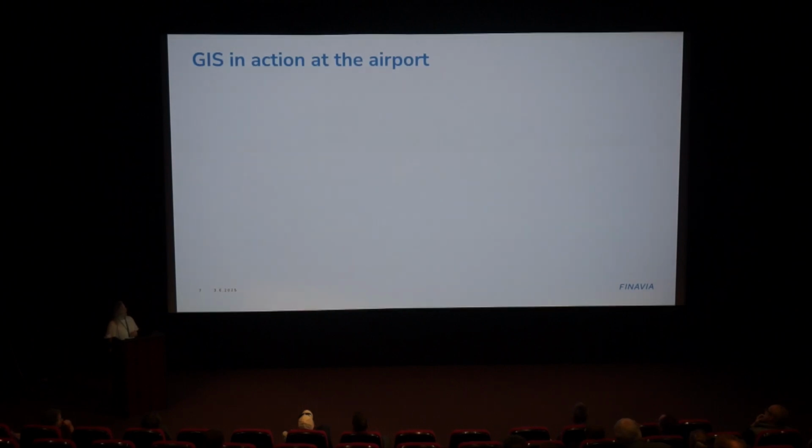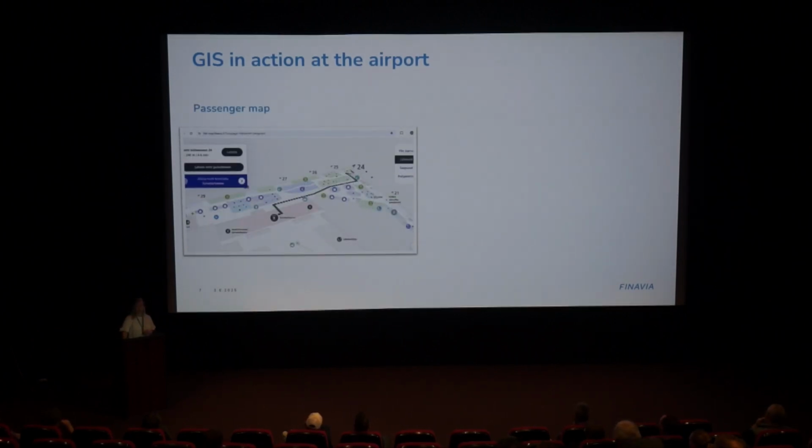Then here are some examples of our operational applications. First, our really fresh, one-day-old passenger map, launched yesterday, enabling navigation now from the security control to different gates, for example. And that's mainly the only thing passengers want to know: where to go, where are the services.